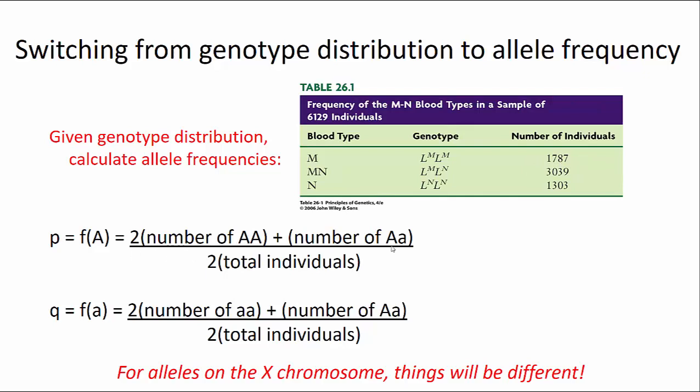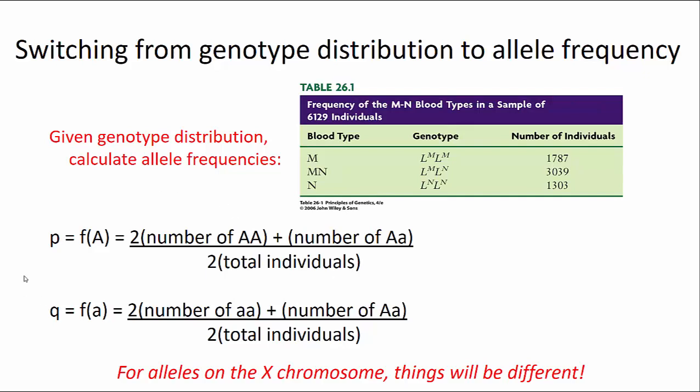Then you would add the number of individuals who are heterozygous, since each of these individuals has only one L^M allele. Finally, you would divide that total by the number of individuals times 2. The reason it is the number of individuals times 2 is because each individual has two alleles of this gene.